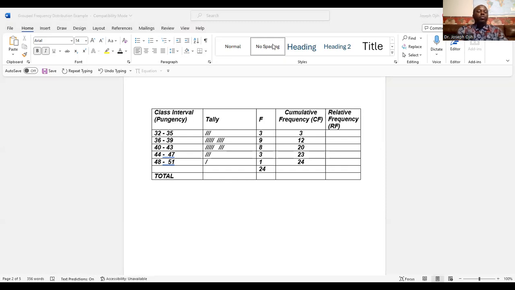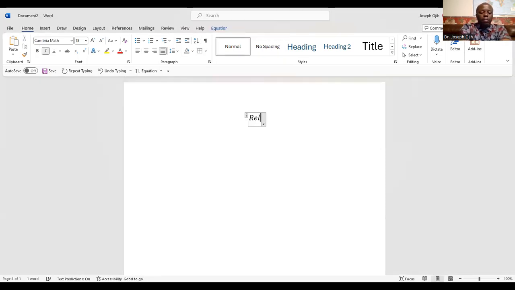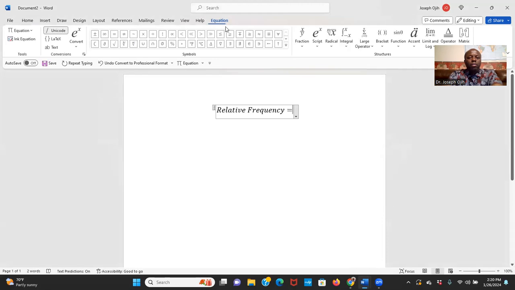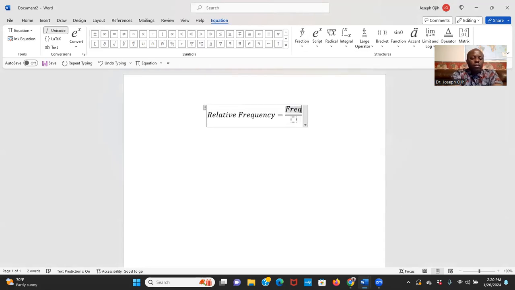Relative frequency, which is RF, equals frequency divided by the total.